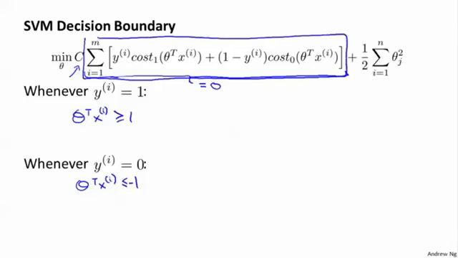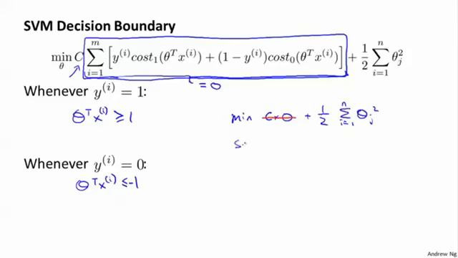So if we think of our optimization problem as now really choosing parameters to ensure that this first term is equal to 0, what we're left with is the following optimization problem. We're going to minimize that first term 0, so C times 0, because we're going to choose parameters so that's equal to 0, plus 1/2, and then that second term. And this first term, that's C times 0, so let's just cross that out because I know that's going to be 0.